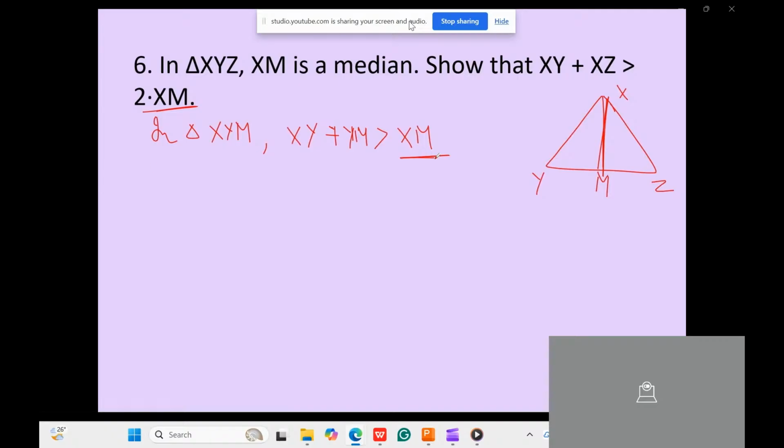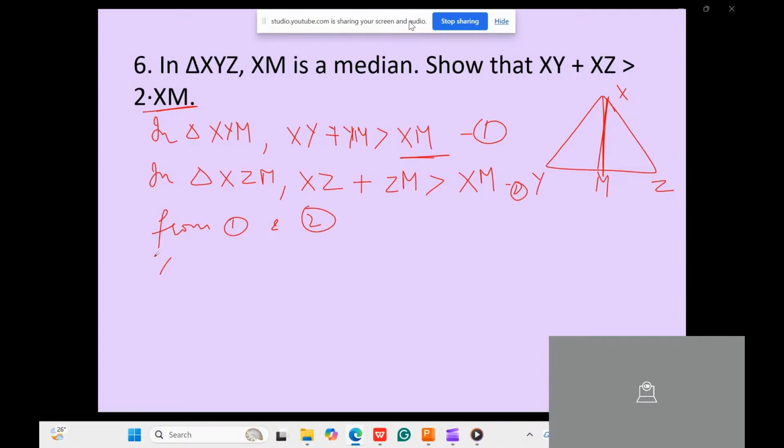So, first we write this and then we have got triangle XZM. We can say XZ plus ZM is greater than XM. So now we will add both sides. So we can say that from 1 and 2, add the respective sides.